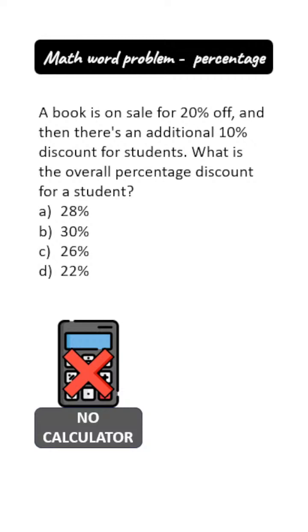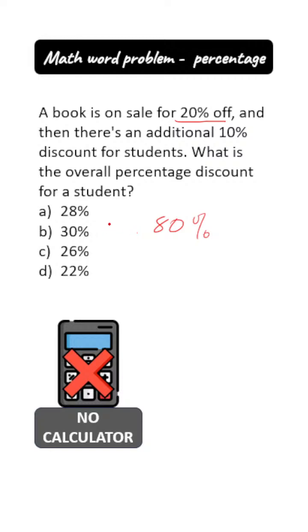A book is on sale for 20% off, and there's an additional 10% discount for students. What is the overall discount for a student? So here, if you say 20 plus 10 is 30% and you remove 30%, you will be wrong. So firstly, you will remove this 20%. When you remove 20%, what you'll be left with is 80%. This 80%, you now want to remove 10% of this 80%.